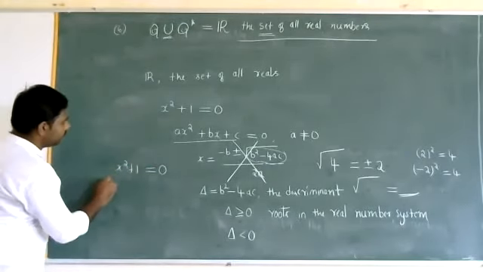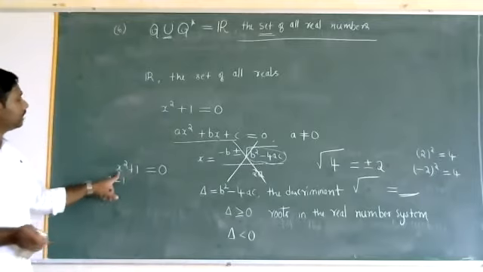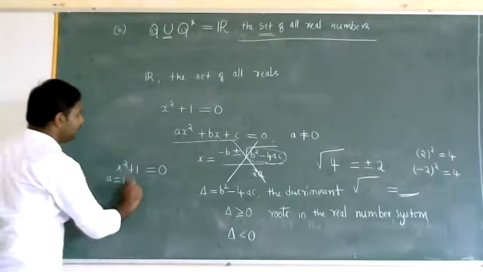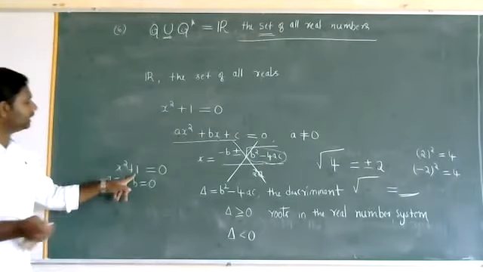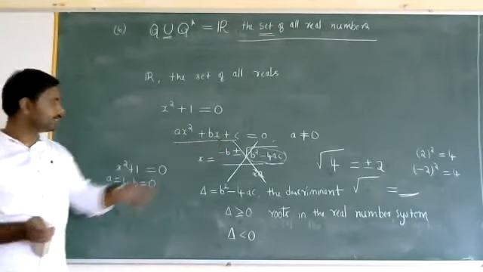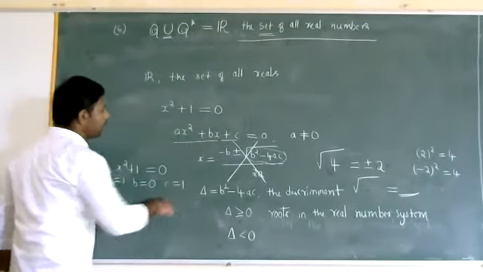Here a is 1 because the coefficient of x square is 1, b is 0 because there is no term with the variable x, and in case of c we have 1.